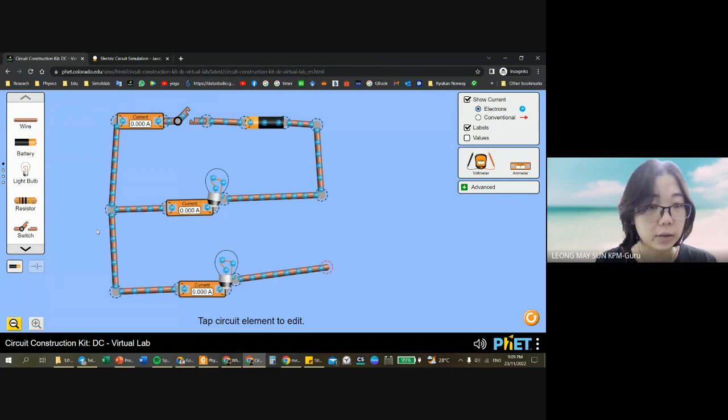If you look at it, the electrons can either go to the top light bulb or flow down to the second light bulb. Okay? So this one is a parallel circuit. The current, the electrons can either pass through the first resistor, the top resistor, or pass through the second resistor to get back to the negative terminal. So the current also has two paths, either passing through the top light bulb or through the second light bulb.